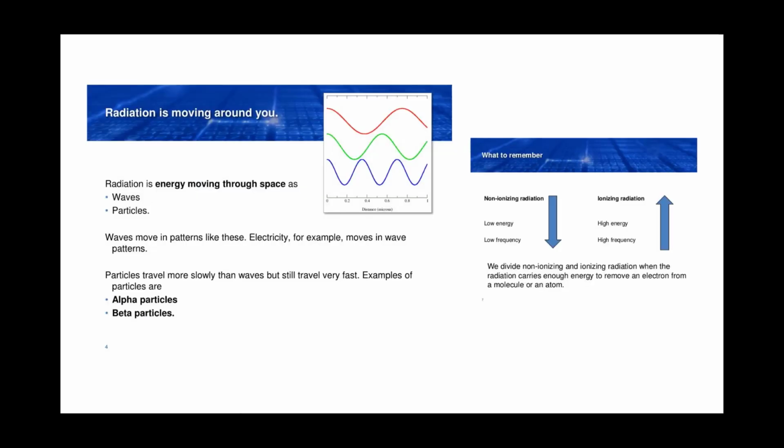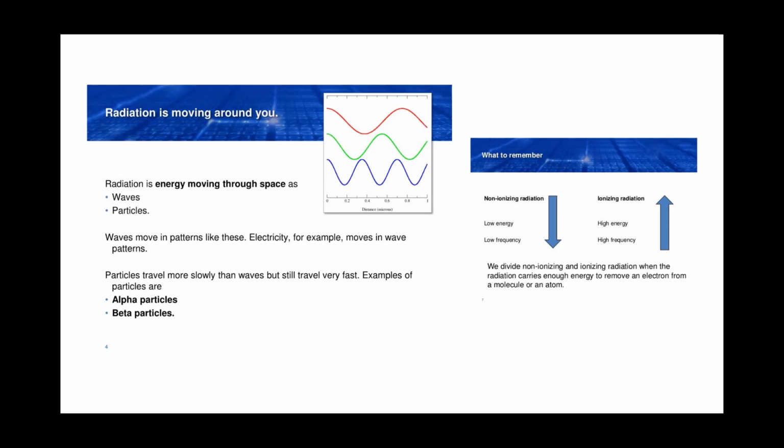As we discussed, there is ionizing radiation and non-ionizing radiation, and radiation is around us continually and always will be. Radiation is energy moving through space as either waves or particles. Waves move in patterns like those in the electromagnetic spectrum, which is a wavelength and a frequency, and they also move for ionization with particles.